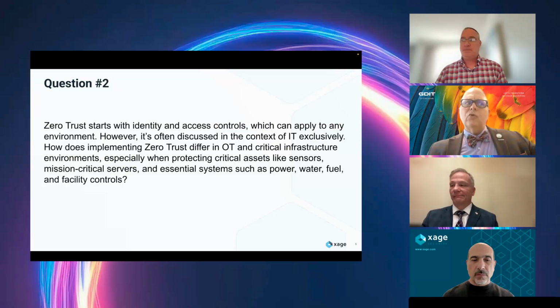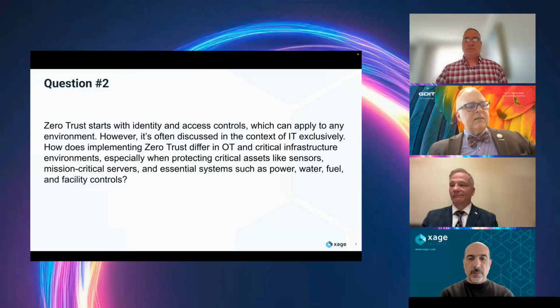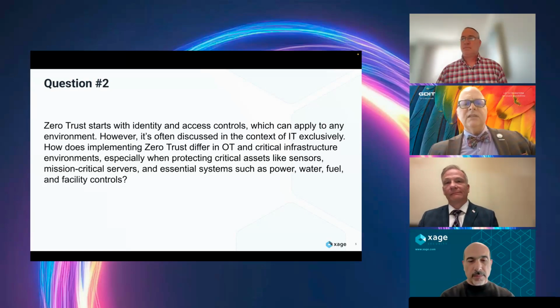Yeah, this is a great question, and I'm glad we're dealing with this in this panel, because some of the fundamental differences of operational technology systems focus on this very thing. Many OT systems are older. They were never designed to operate in a modern IT infrastructure.